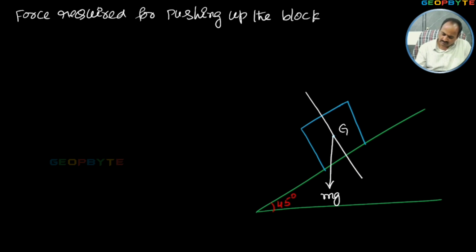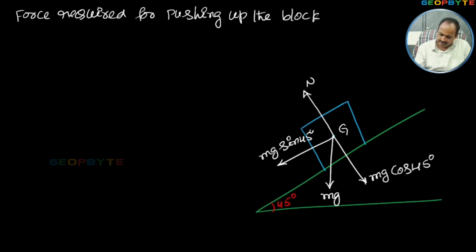This is the normal reaction N, mg cos 45 degrees, mg sin 45 degrees. Here the force is applied in this direction, for the direction of motion. Since the block is moving upwards, the frictional force acts opposite to that. This is the frictional force.